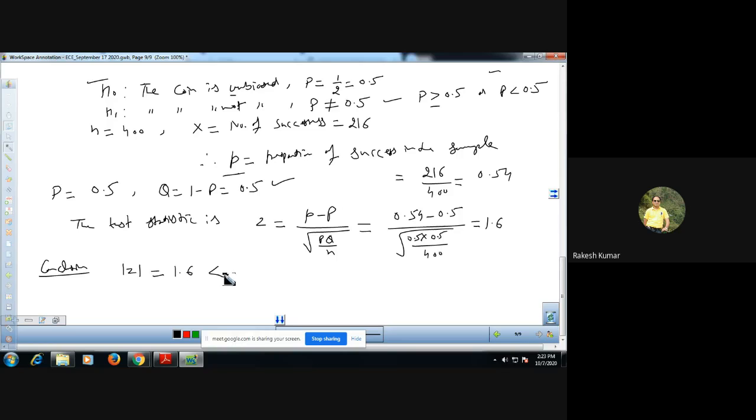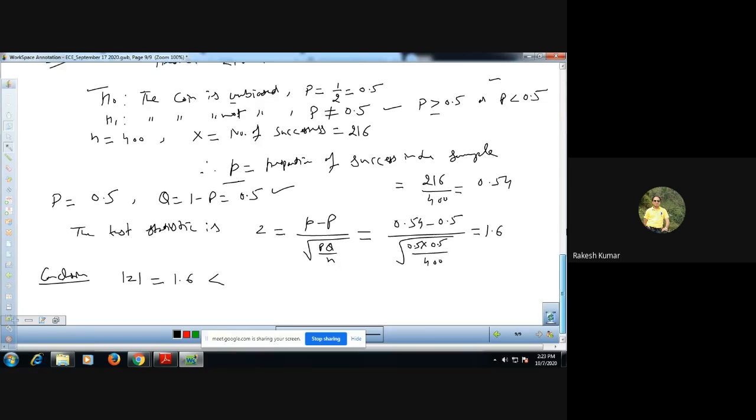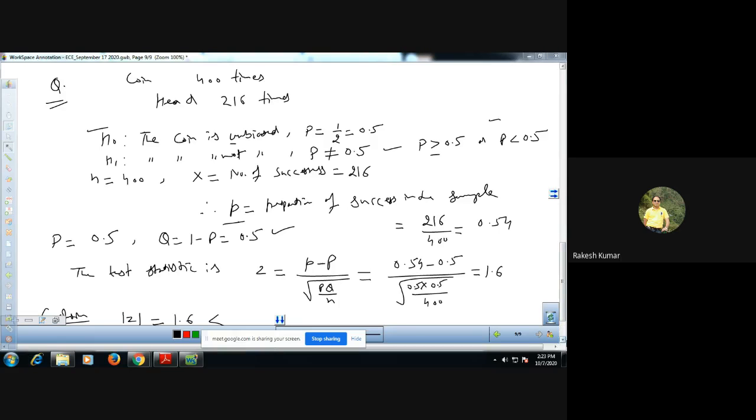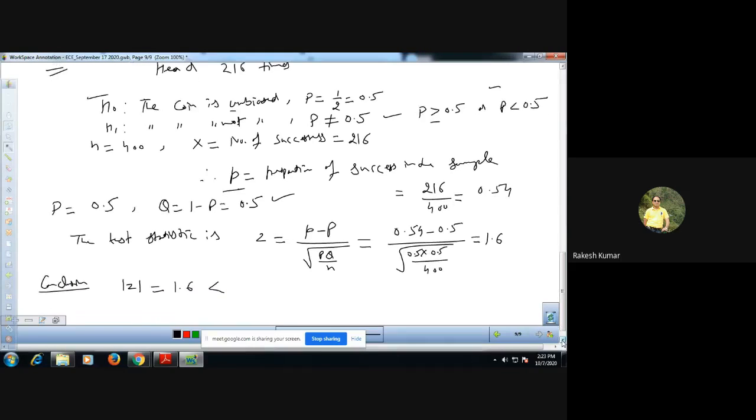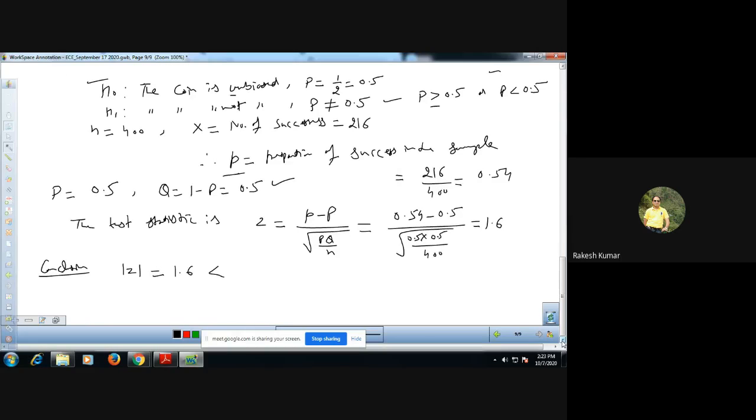And if the level of significance is not given in the question, not given in the statement, then you shall always take a 5% level of significance. And at a 5% level of significance, you need to remember that the value of z is 1.96.